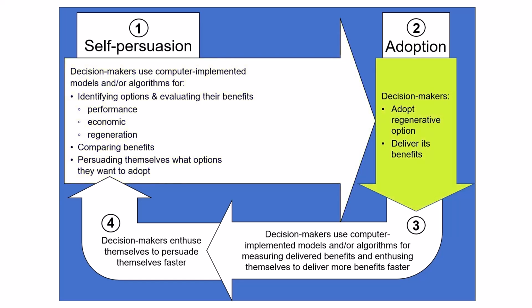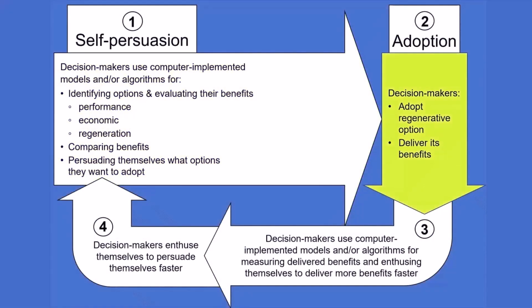They enthuse themselves to adopt even more regenerative options even faster and deliver even more benefits even faster. The faster and faster regenerative decision making creates the exponential adoption of more and more regenerative options that deliver more and more benefits.